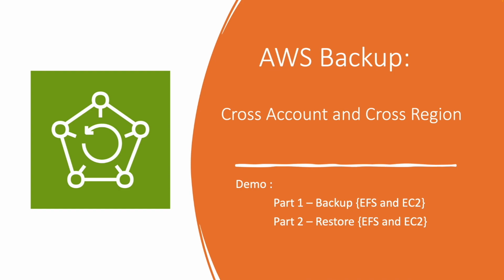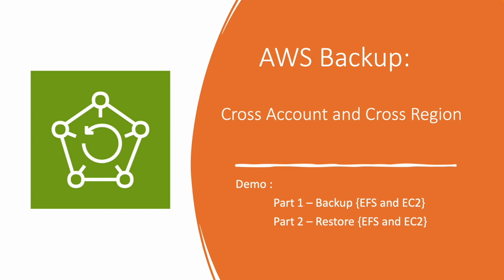Additionally, we will go through the cross-account, cross-region copy backup, and how to set up this cross-region or cross-account backup: what settings we have to enable, how to provide the access policies, and how to manage our KMS keys.